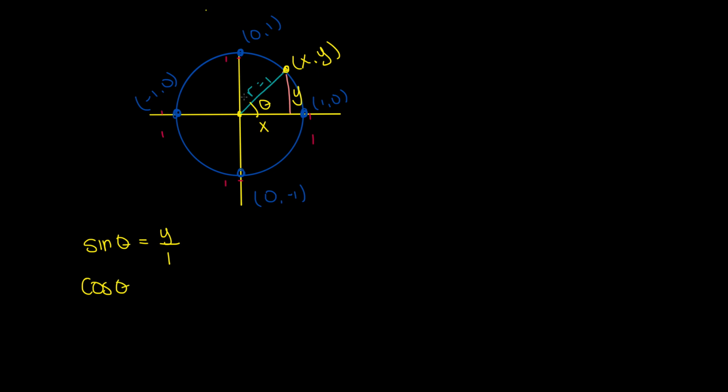Cosine of theta, because again our hypotenuse is 1, is going to equal x over 1, or just x. And tangent of theta is going to equal y divided by x. All right, so those are some concepts of the unit circle.